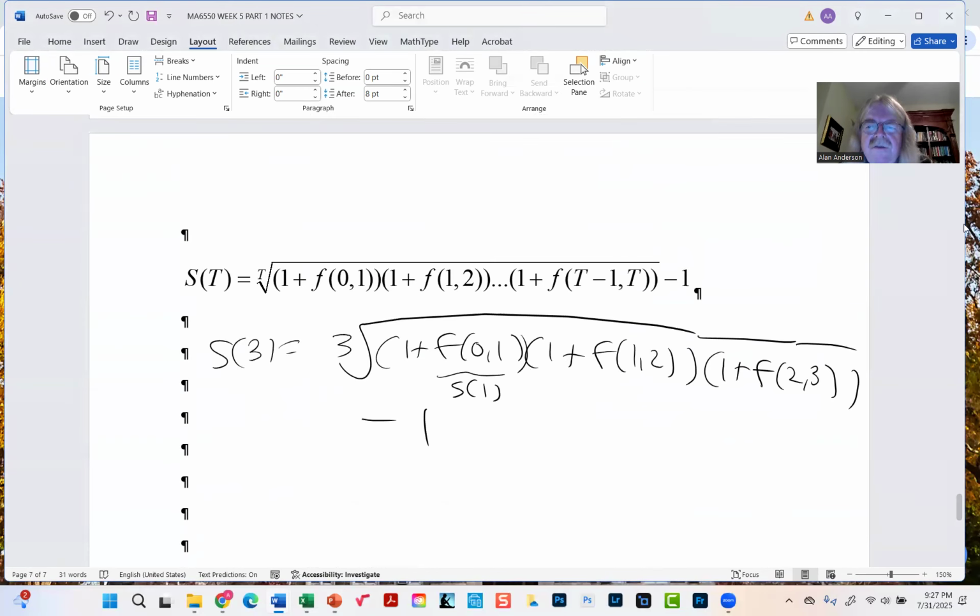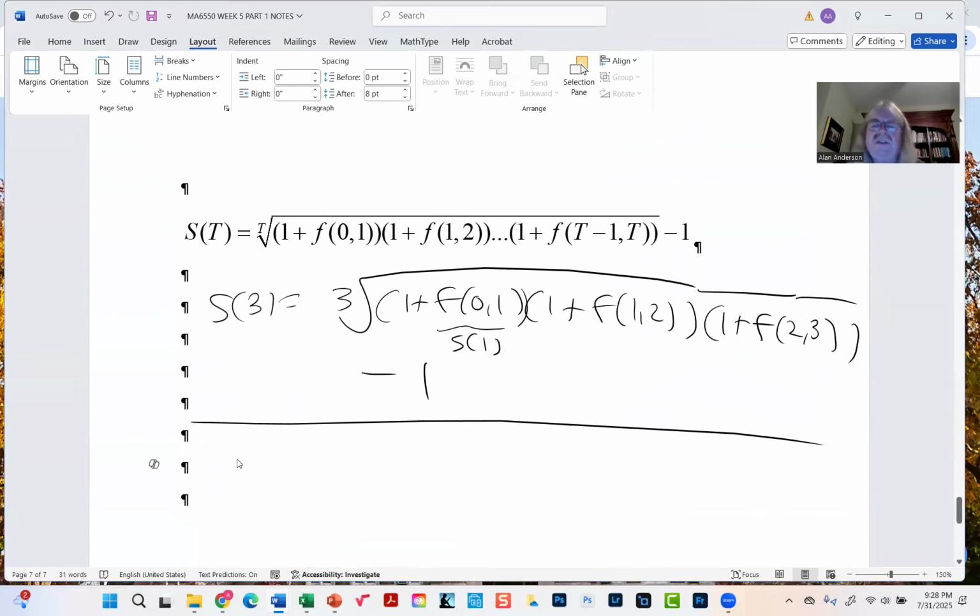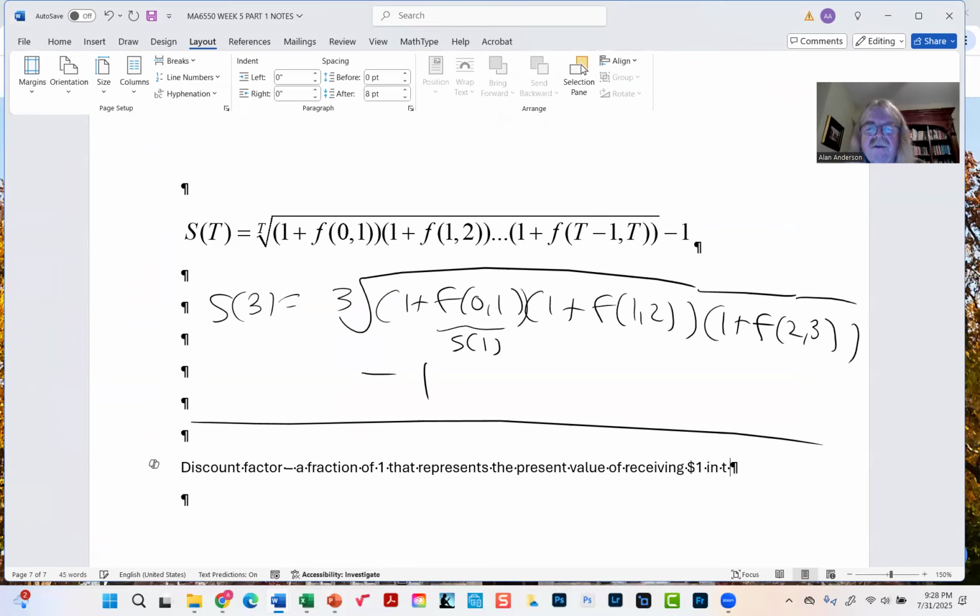All right, so for the time being, that'll do for our discussion about forward rates. Now we're going to introduce discount factors, which are a little bit different because these are all fractions of 1. And a discount rate, or discount factor, they're sometimes called, is a fraction of 1 that represents the present value of receiving a dollar in T years.